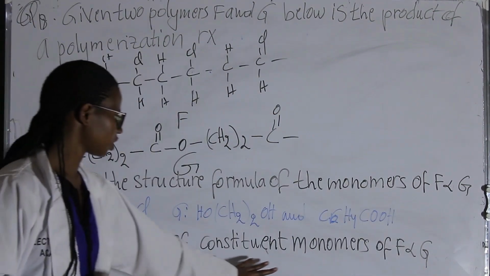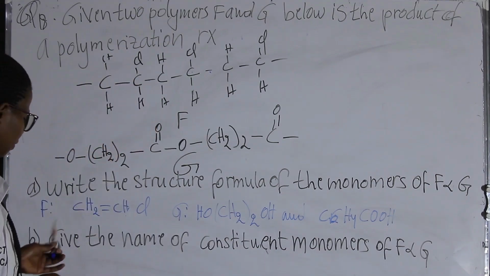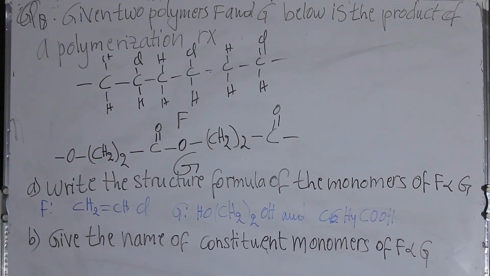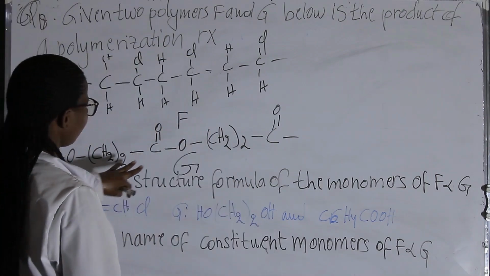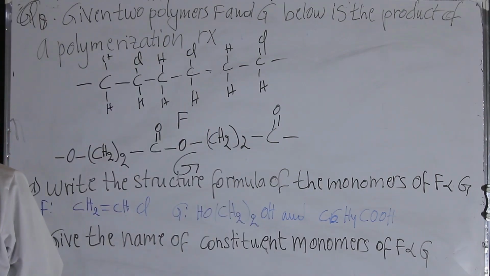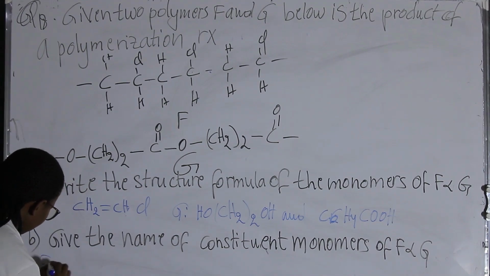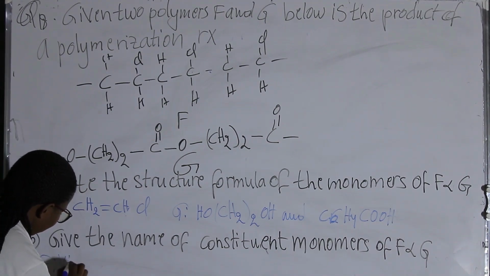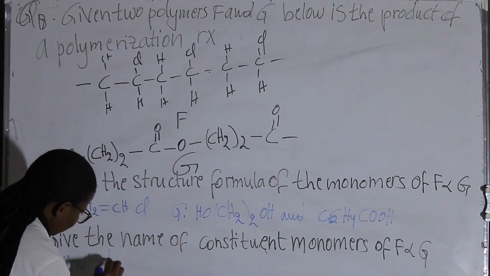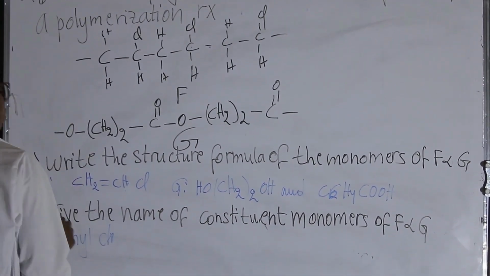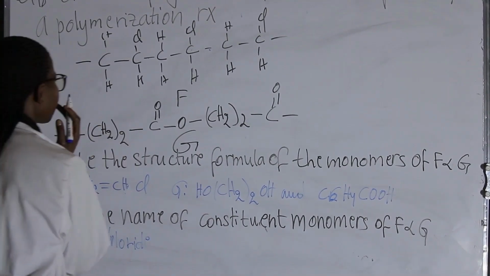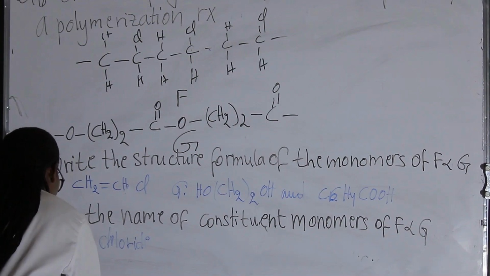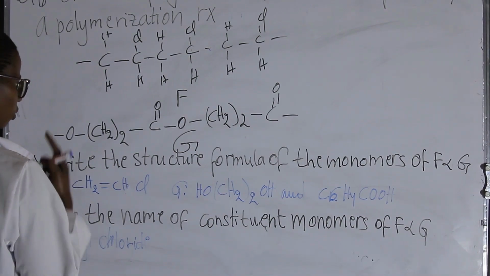Give the name of constituent monomers of F and G. Here, for F, it is vinyl chloride, while for G, as we saw, we have two monomers.